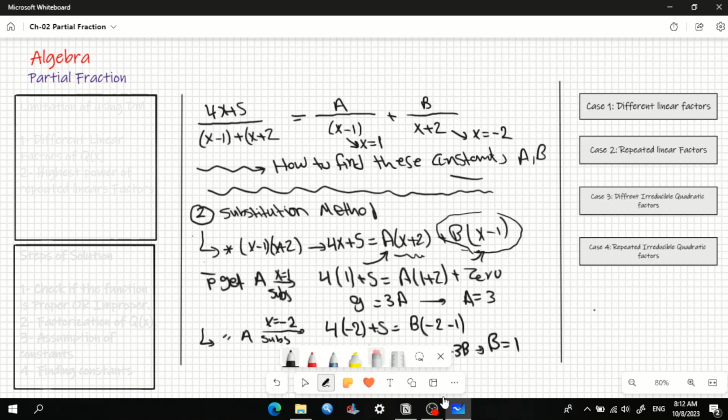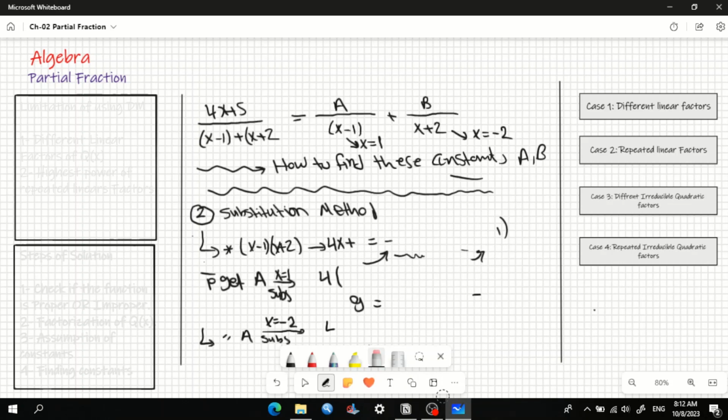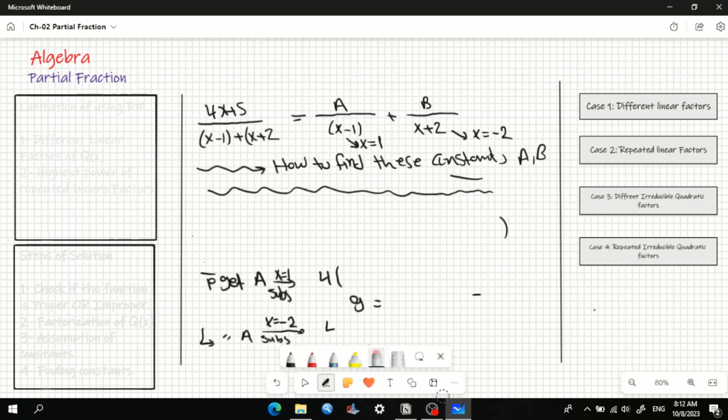So let's move to the third method to get the constants.